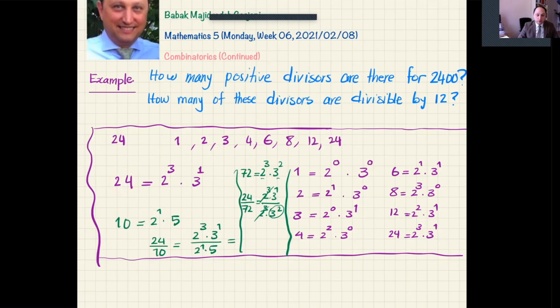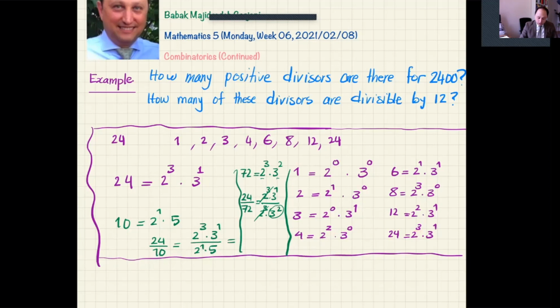If I want to count the number of divisors of 24, my task is to write a divisor of 24. But this task can be broken down into two stages. One stage is choosing an appropriate exponent for 2, which can be 0, 1, 2, at most 3.